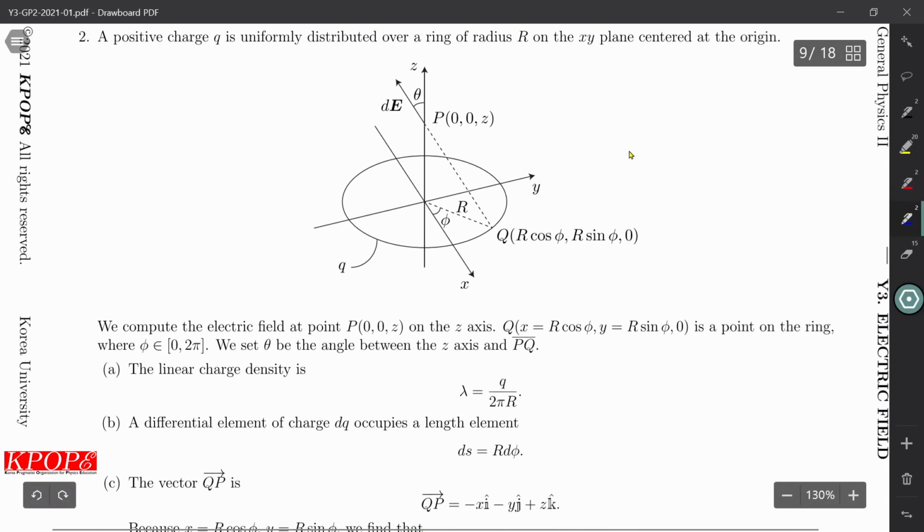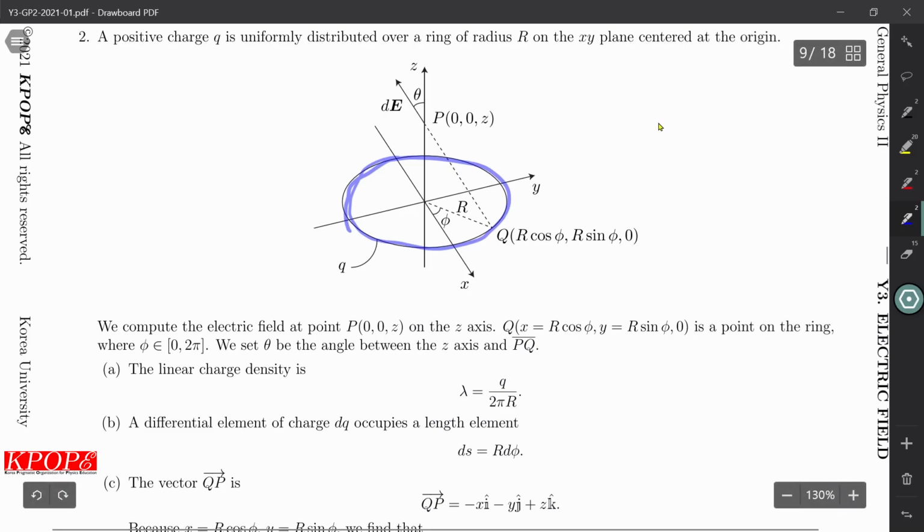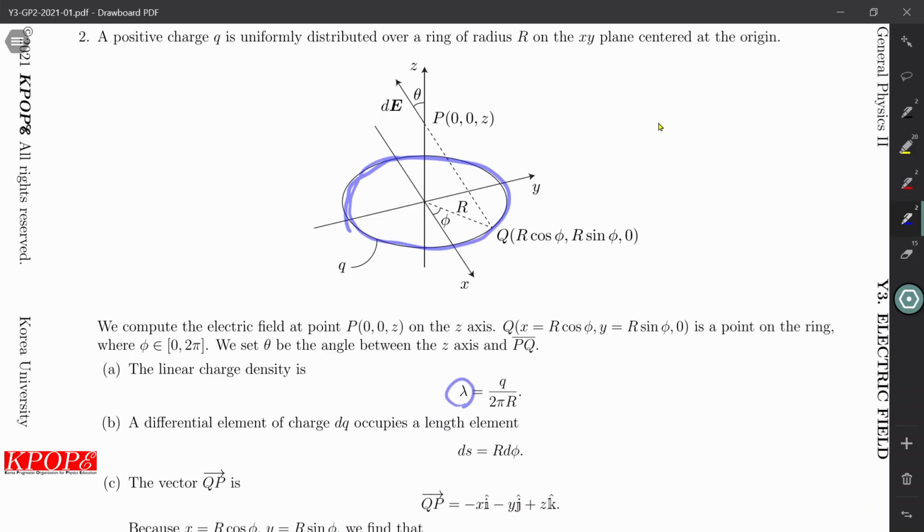For example, we consider the electric field due to a line charge on a circle. Then the line charge density is the charge Q. We consider the case Q is evenly distributed over this circle of radius r.